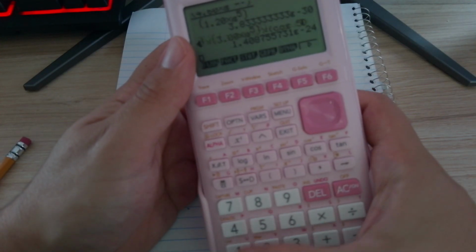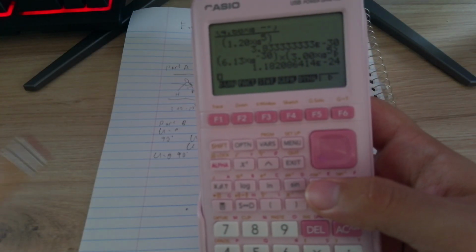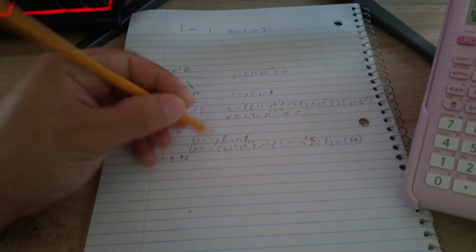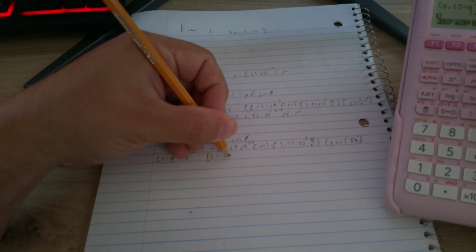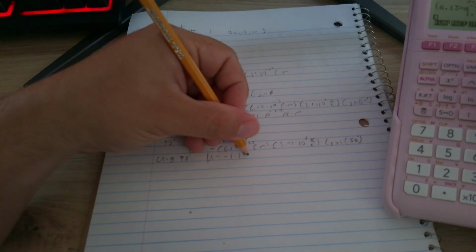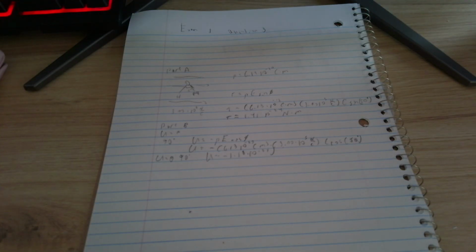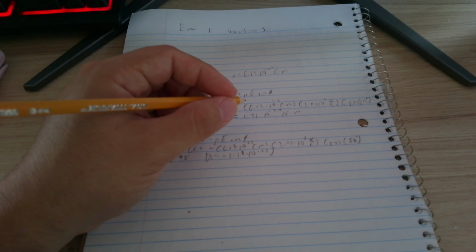So we then switch this to cosine. And that right there is our answer, 1.18. Now, the main thing not to forget is that there's a negative sign at the end of this. So our U equals negative 1.18 times 10 to the negative 24 joules, since we are in energy. All right, let's move down to part C.